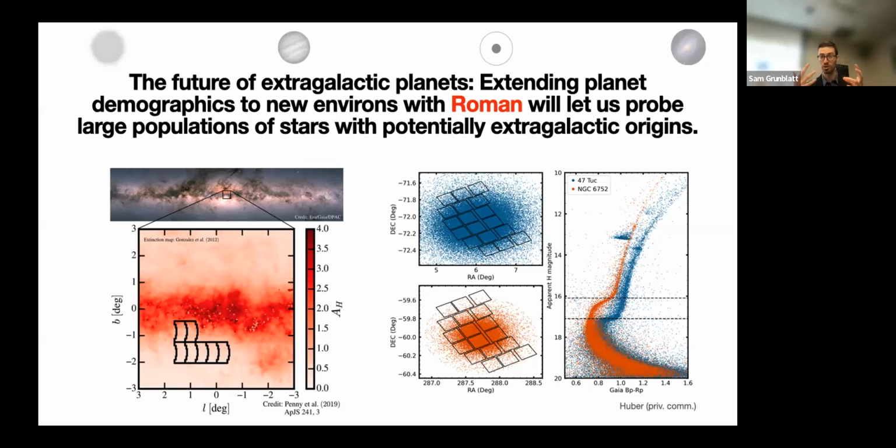There are also a lot of stars in the bulge that have been accreted from other infalling galaxies, so some of those might have extragalactic origins. We can also try to target things like globular clusters, which are sometimes known to have come from extragalactic locations. So I think Roman is really going to be key to finding these extragalactic planet populations, or at least constraining the occurrence rate of extragalactic planets.